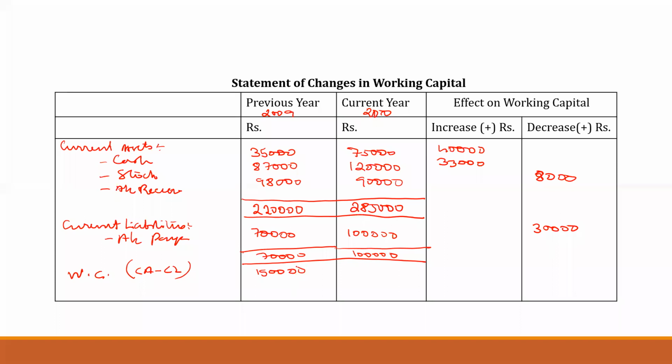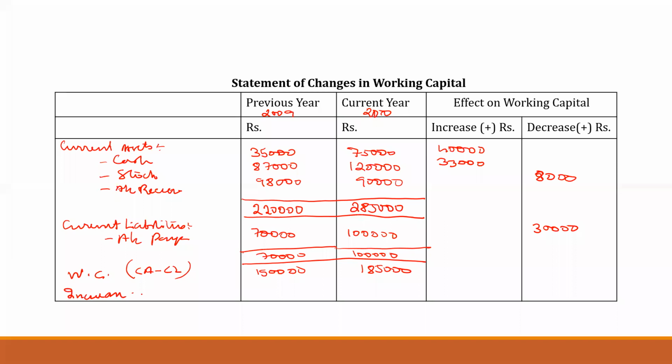Then for 2010 it is 1,85,000. And what is happening? Is it an increase or a decrease? If you look, you can understand. In 2009 it was 1,50,000. In 2010 it became 1,85,000. Increase.